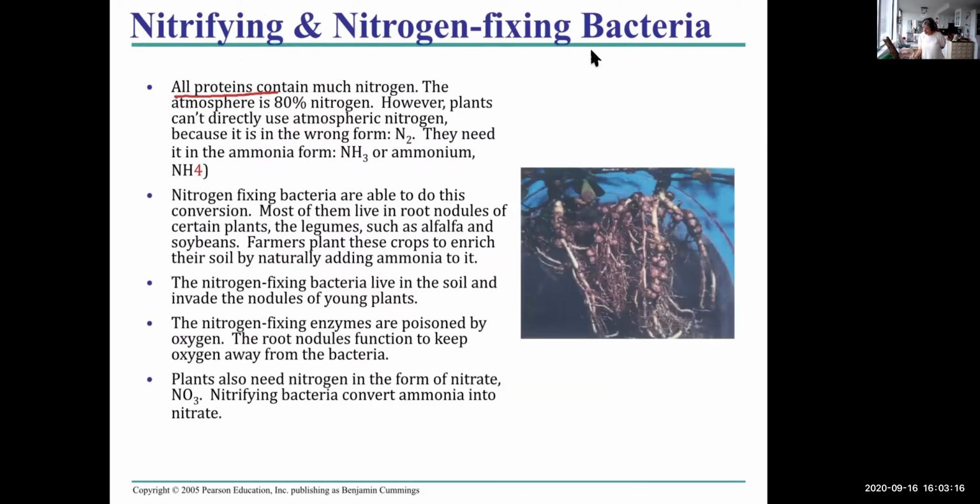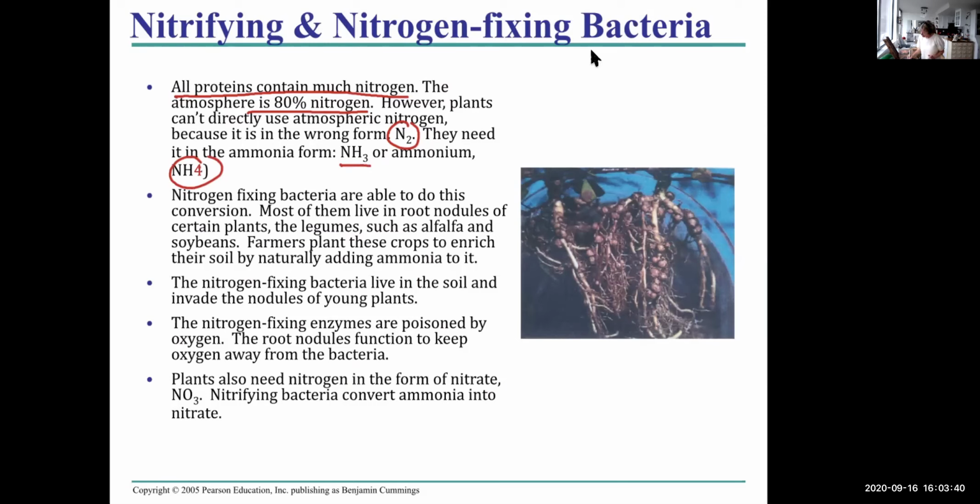So, nitrifying and nitrogen-fixing bacteria. All proteins contain nitrogen. The atmosphere is 80% nitrogen, but plants can't use it directly. It's the wrong form, N2. They need it in the form of ammonium, NH4, or ammonia. The bacteria do this conversion.